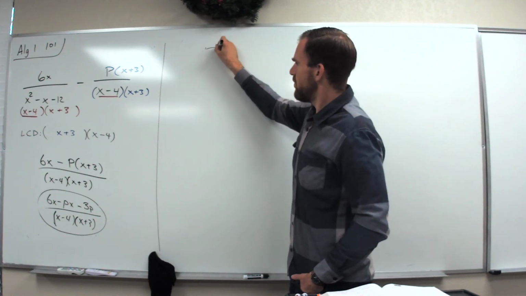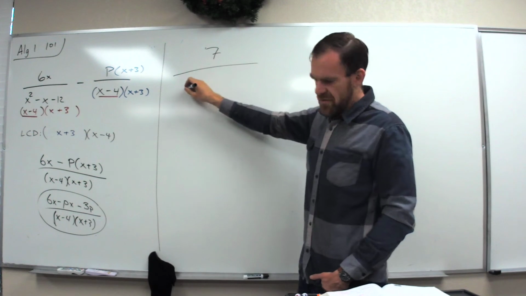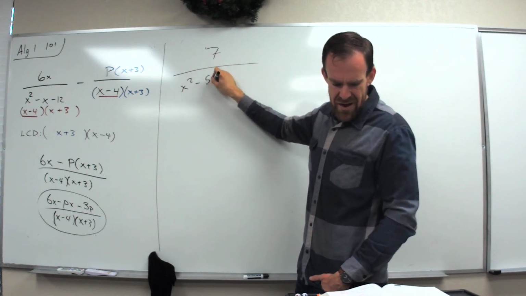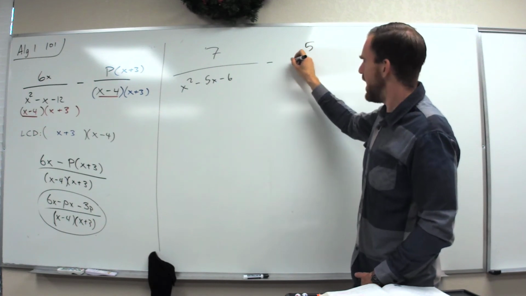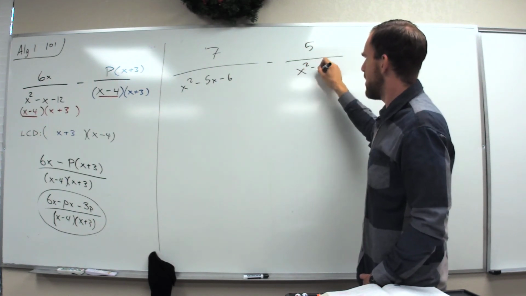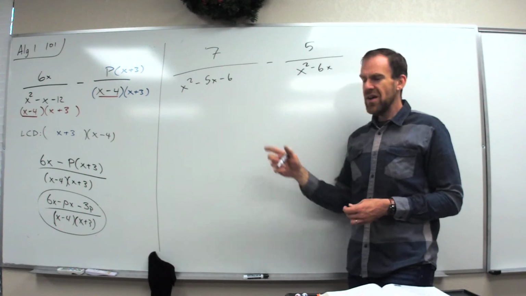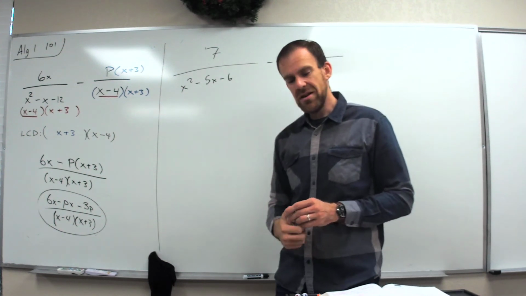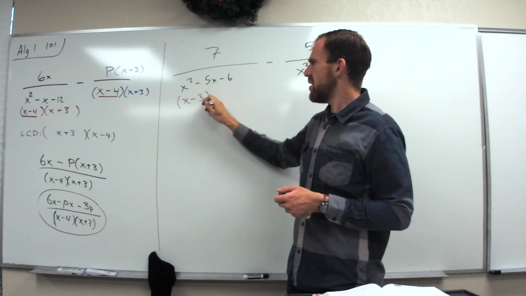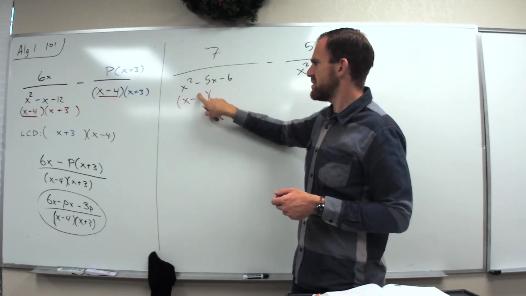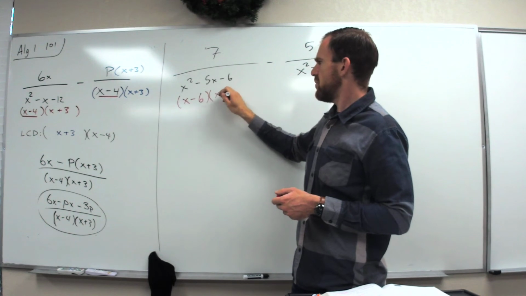Let's try this one. We have 7 over x squared minus 5x minus 6, minus 5 over x squared minus 6x. Now, this can be factored, so I'm going to do that, showing all of my work. This is x minus 6, x plus 1.